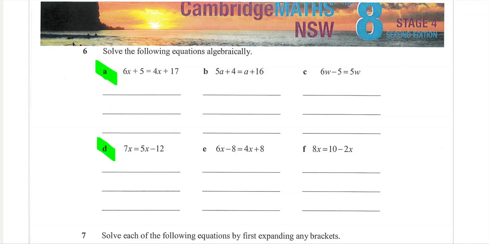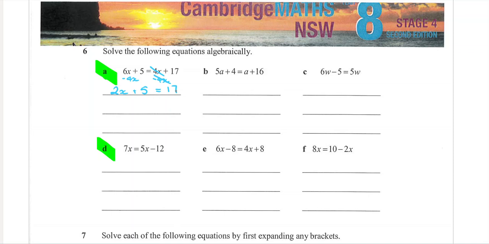You subtract it. So I'm going to subtract 4x. Collecting the x's. 6x minus 4x is 2x. I still have the plus 5, and that is equal to the 17.